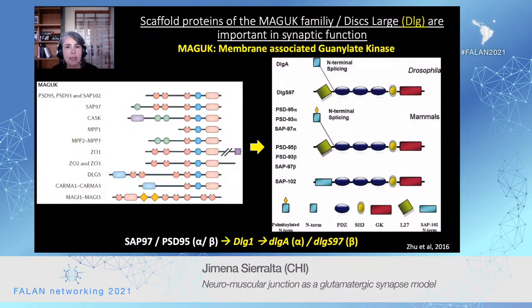In Drosophila, there is only one gene called DLG, and it is known for structuring the synapse and being important for its function. It has 3 PDZ domains, and these 3 PDZ domains are able to bind the carboxyl terminus of multiple proteins in the membrane.